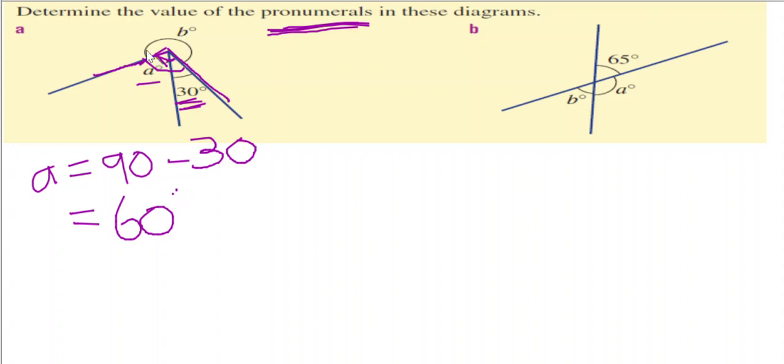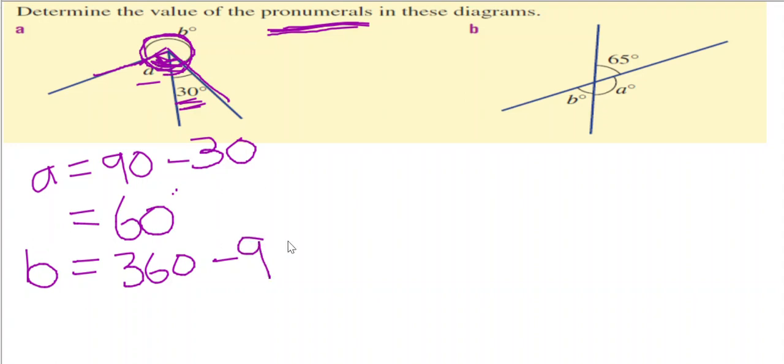So really easy to find angle A. Now, angle B is the outside of that angle. If we know the inside is 90 degrees, to find angle B is very simple. We know the whole angle all the way around is 360, so we subtract our inside angle that we know. The inside angle between these two lines is 90 degrees.